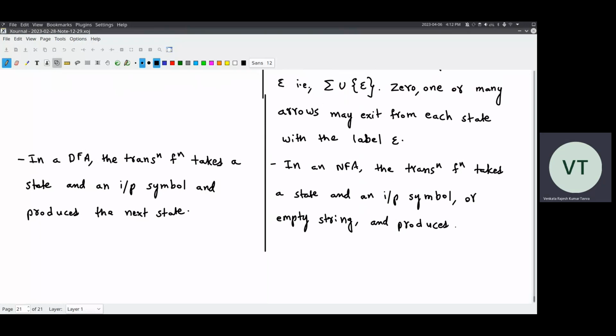What is the difference? Yeah. And produces the set of possible next states.